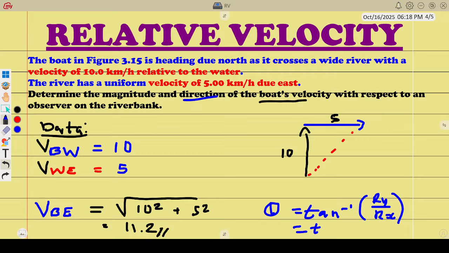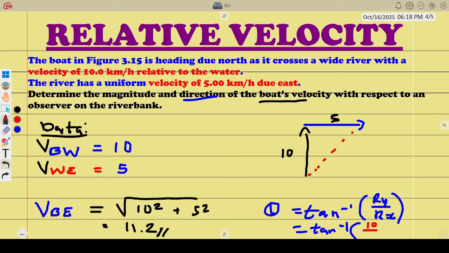So we're going to say tan inverse. For this one, you don't have to stress too much, you just pick what is available. The y component, which vector is going in the y-axis? It is this one, 10. So 10 is the y component, the one going in the y-axis.